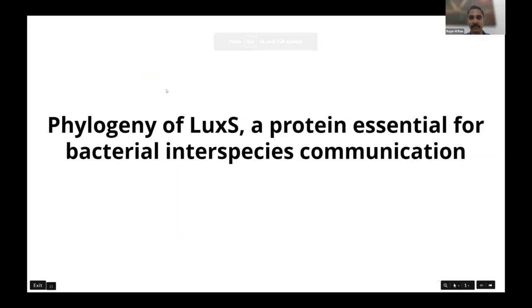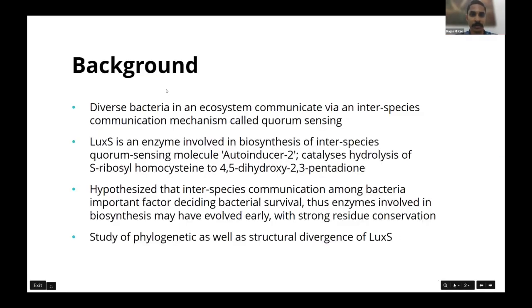As ma'am just talked about, different bacteria in an ecosystem communicate via a mechanism called quorum sensing. There are two types of quorum sensing: one is called auto-inducer 1 mediated and the other is auto-inducer 2 mediated.